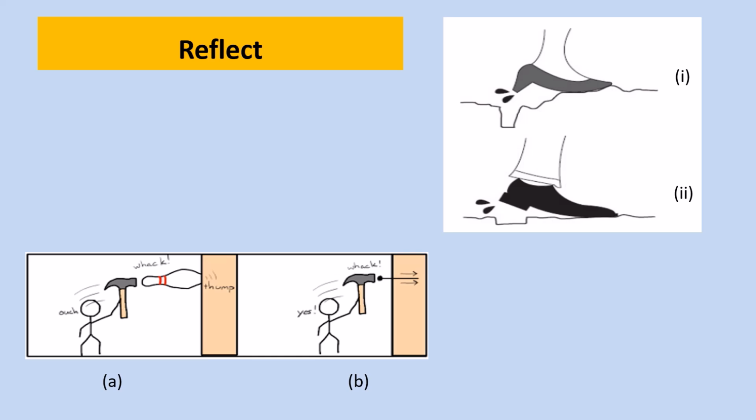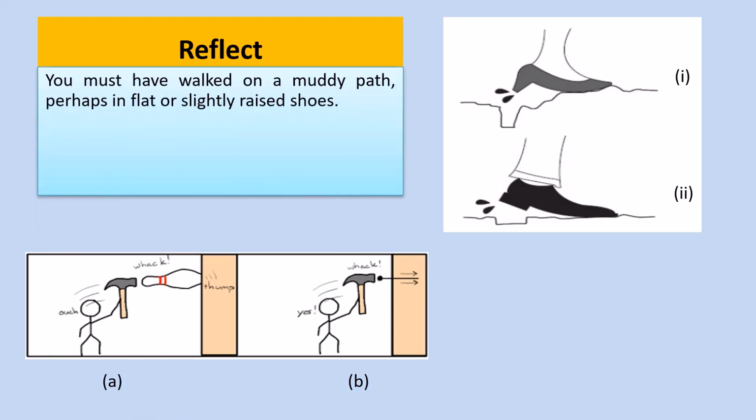There are two shoes with different designs, and it's like the two people are walking on a muddy path. So the reflection here is that walking on a muddy path in perhaps flat or slightly raised shoes could exert some pressure on the ground.